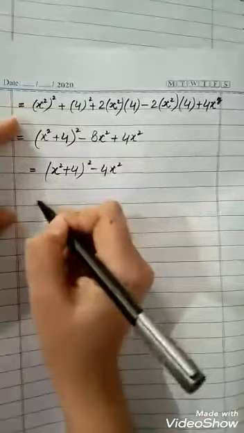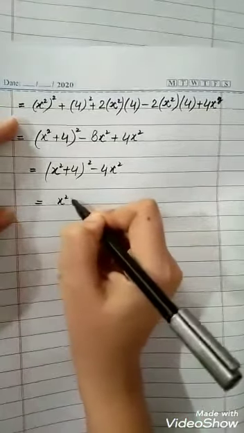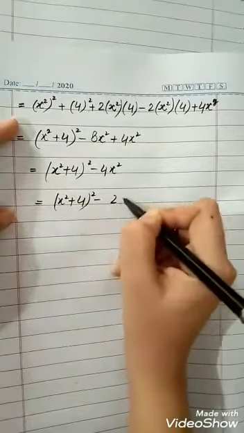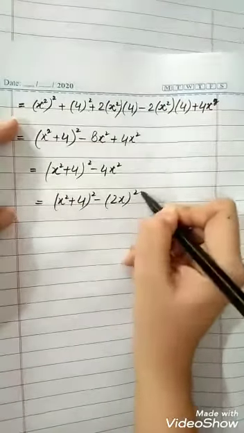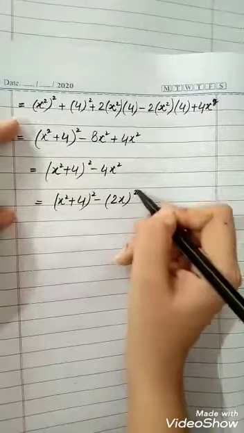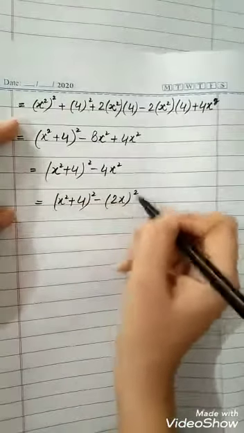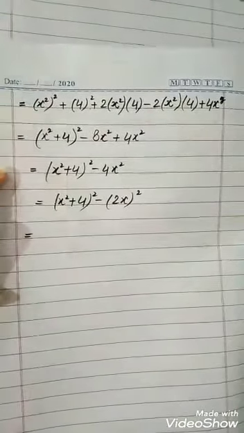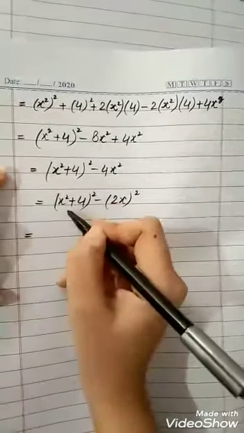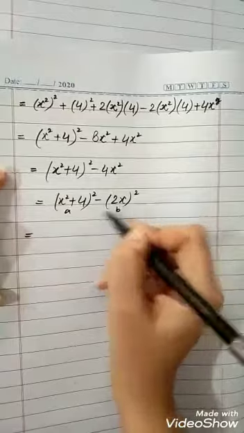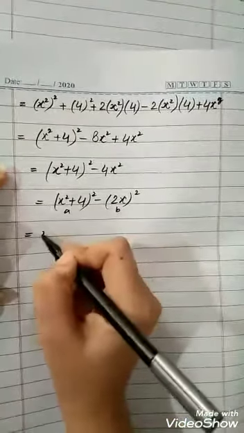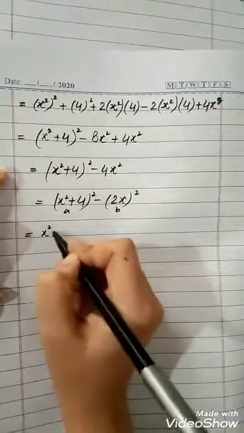We can again apply the formula here. A plus b whole square minus 2x whole square means a square minus b square. We can apply the formula, suppose this is a and this is b. A square minus b square formula, a plus b into a minus b.